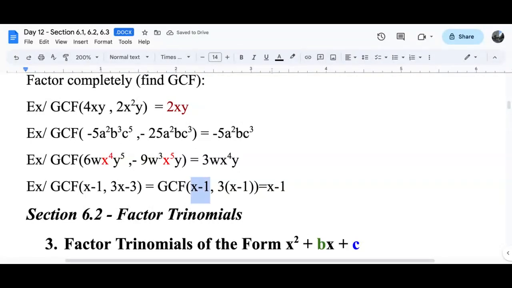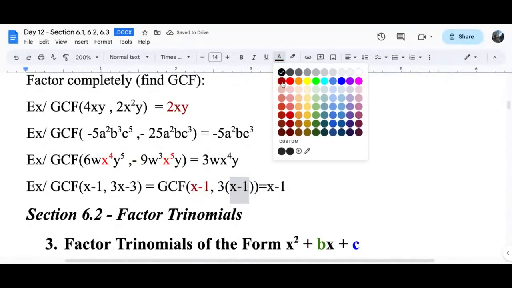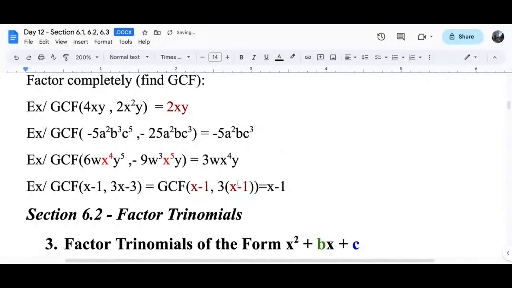Then we see x minus 1 here as a factor, and x minus 1 here as a factor. So that means x minus 1 is a common factor, and there are no other common factors. So the greatest common factor of those two binomials is x minus 1.